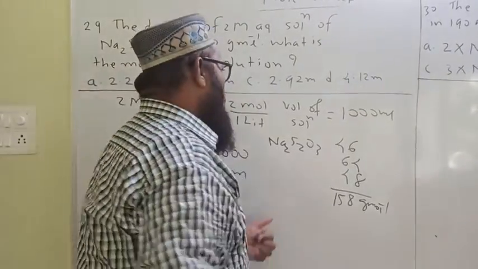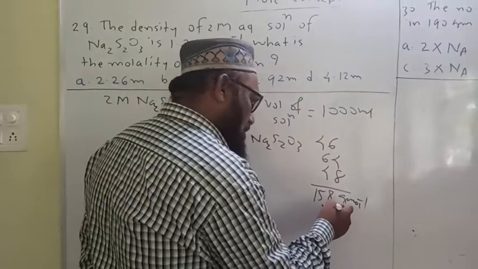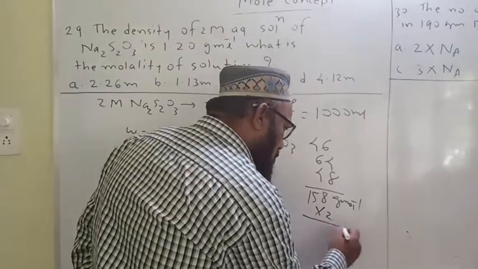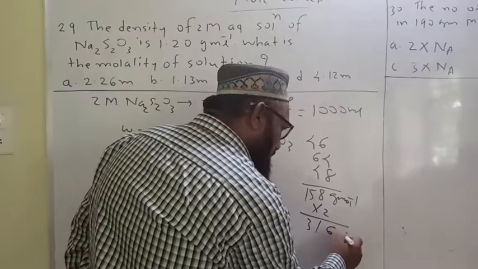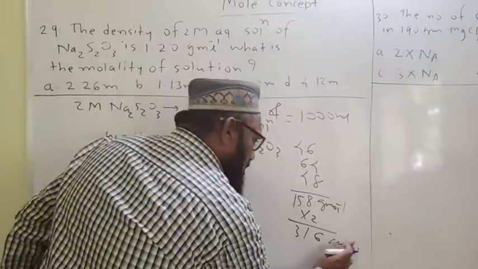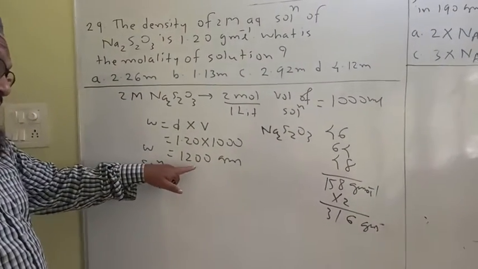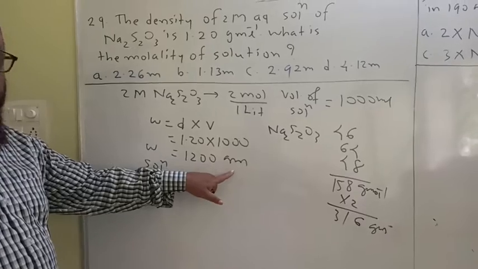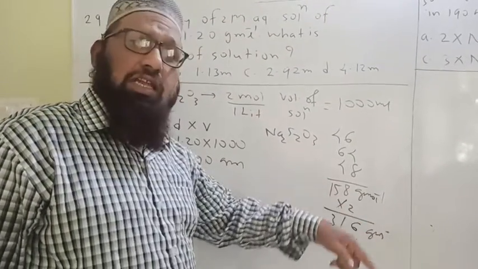Therefore total weight of 2 mole of Na2S2O3 is equal to 158 into 2. This will come 316 gram. This is for 2 mole. What is the weight of the solution? 1200 gram. Weight of the solute 316 gram.